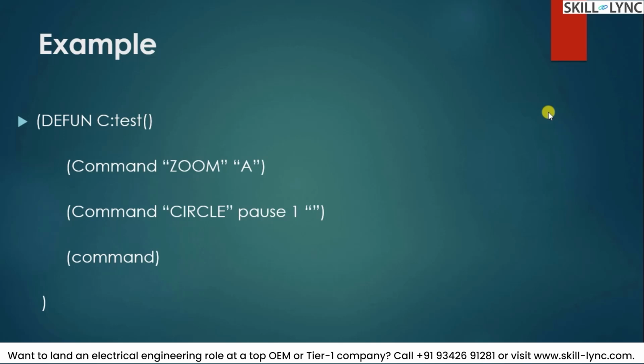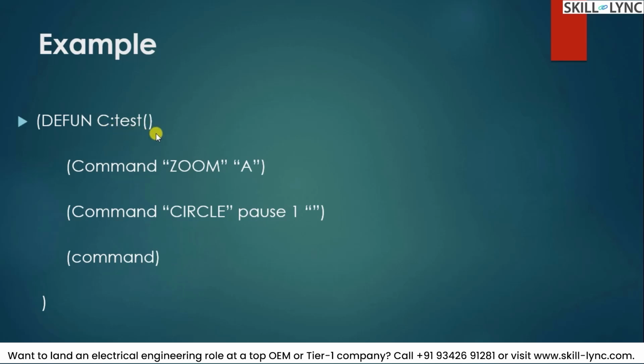Here we are calling defun C:test as a no-input command. Once we call the test custom command, it will go into the sub commands that it has. Once this function is called upon, it will execute these commands one by one. So now we can see that we are performing more than one action together.